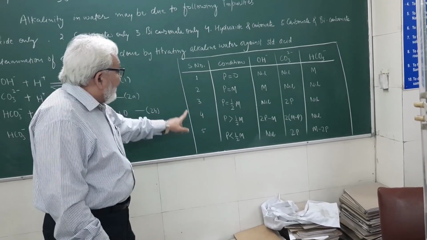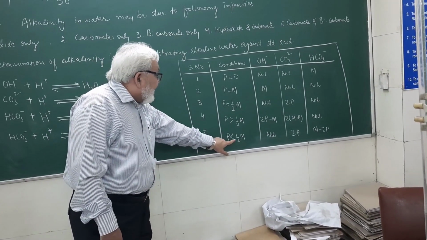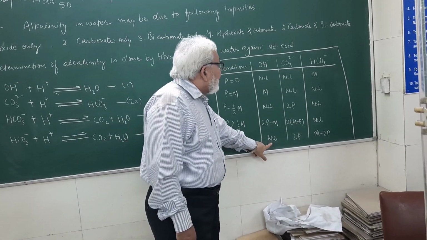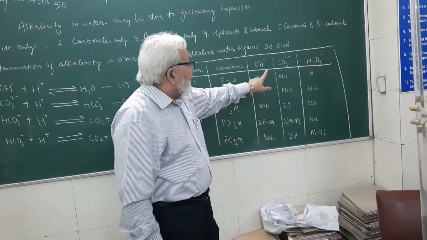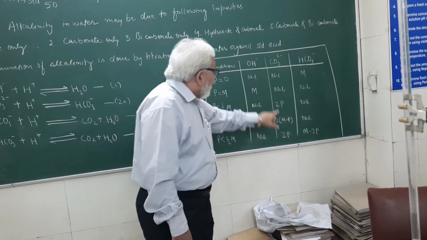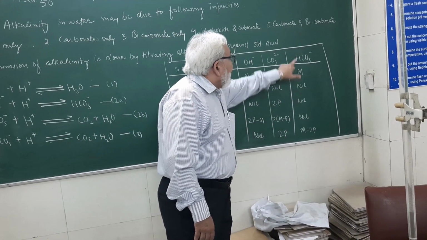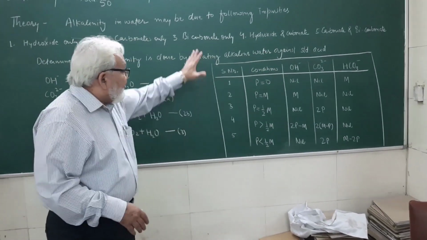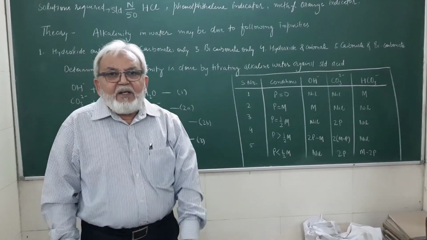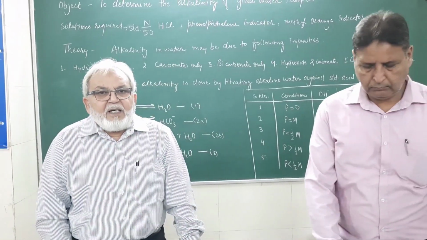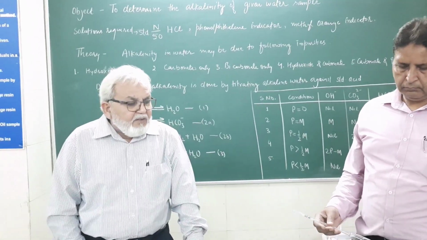And here the fifth condition is P is smaller than half M. Under that condition, hydroxide is absent and alkalinity is only due to carbonate and bicarbonate. And here carbonate is 2P and bicarbonate is M minus 2P. So these 5 conditions may appear when we do the titration and determine the alkalinity of the water.